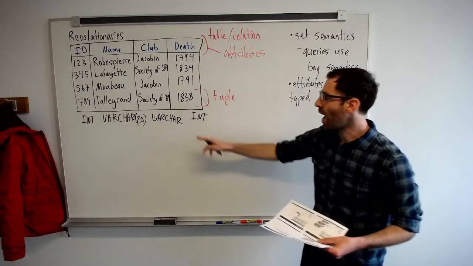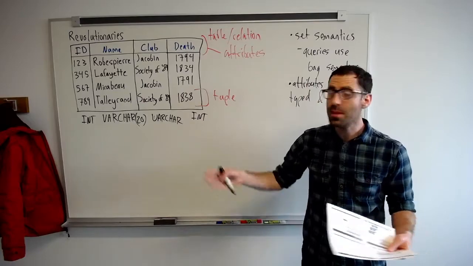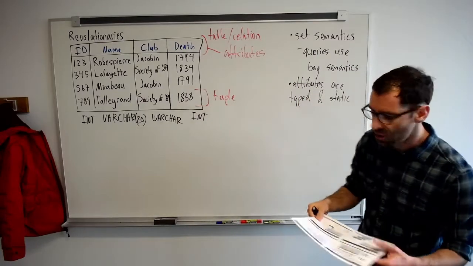We might have something specifically be a date or a time. That's a type something could have, and so on.